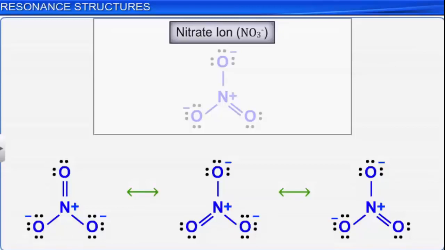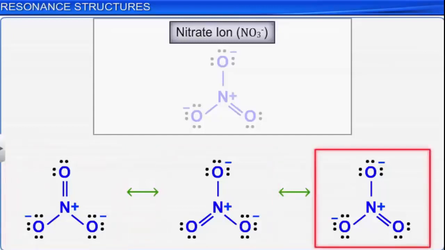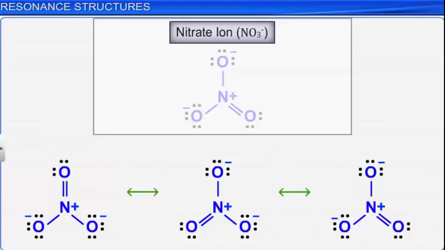Hence, the resonance hybrid of these three structures depicts the equivalent nature of nitrogen-oxygen bonds. Therefore, the nitrate ion is best described as a resonance hybrid of the three possible canonical forms as shown here.